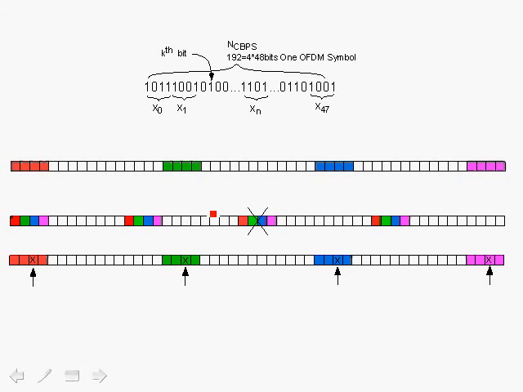That is, if you consider that the OFDM symbol has 192 bits, we take the first 4 bits and permute them within the 192 bits, and the permutation for the first 4 bits is shown here, where we have the bits shown in color red.